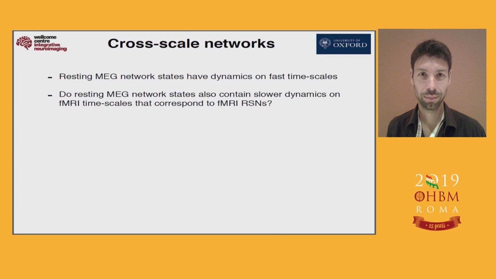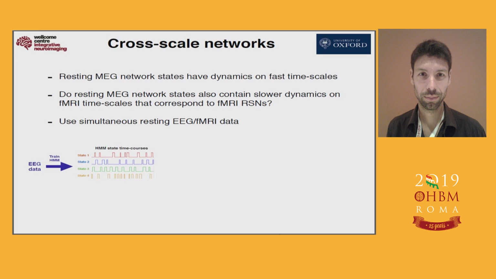So MEG networks have dynamics at fast time scales, and we wondered whether these MEG networks have dynamics at slower time scales that maybe match a little closer what we see in fMRI. In order to address this question, the obvious thing to use is simultaneously recorded EEG and fMRI data. The pipeline we used was: we got some EEG data and ran the HMM on that, so we have state time courses of each state, the probability of being active at each time point.